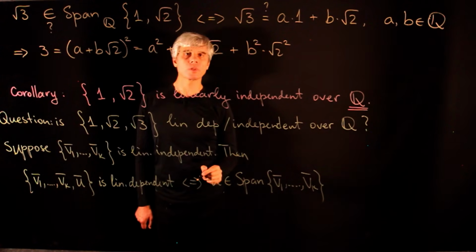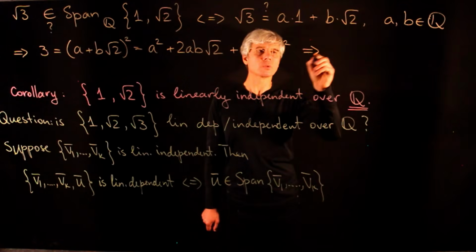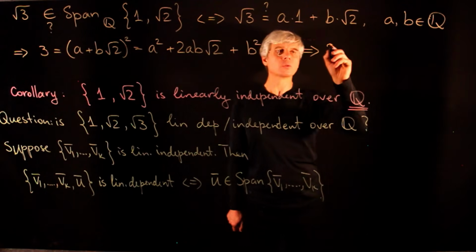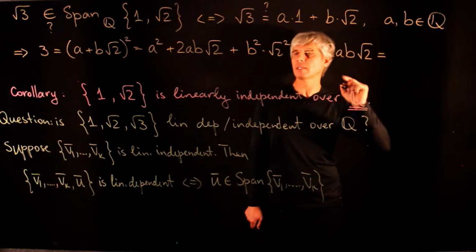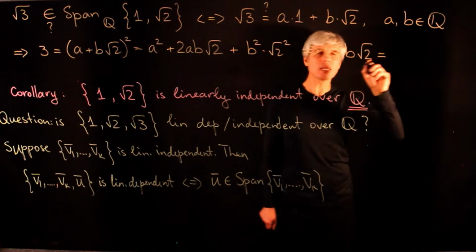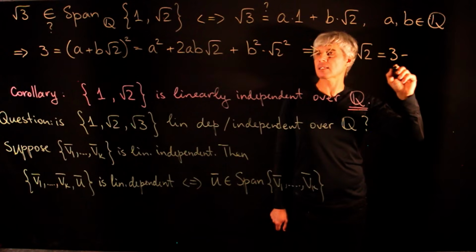So this also tells us that 2ab times square root of 2 is equal to 3 minus a squared minus 2b squared.